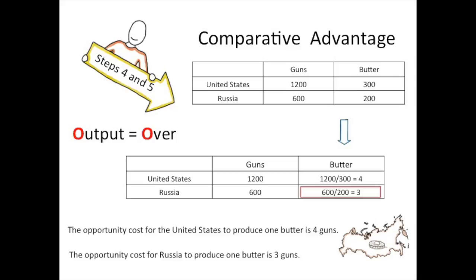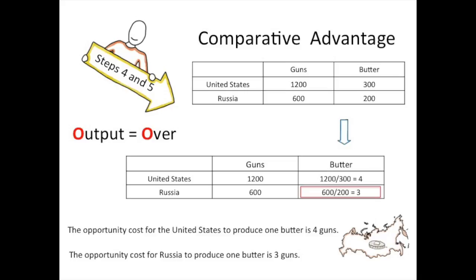What this means is, to produce 300 units of butter, America would have to give up 1,200 units of guns. When calculating the opportunity cost for one butter, you must divide by 300. This means the opportunity cost to produce 1 unit of butter in America is 4 guns.